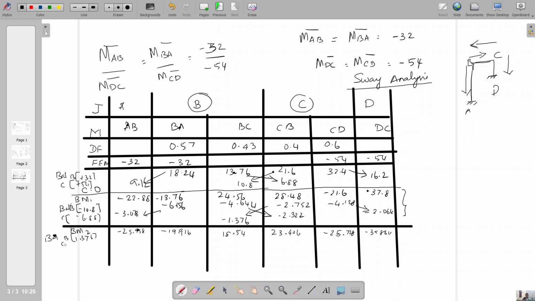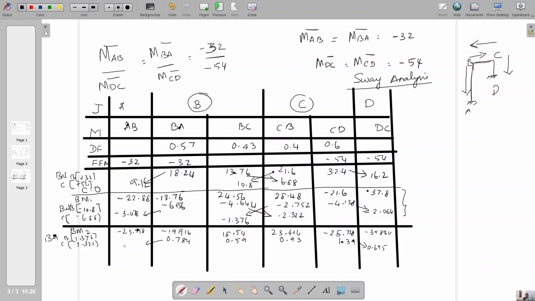1.376, and C it is 2.322, and you multiply with this corresponding distribution factor. Here 0.784, 0.59, 0.93, 1.39, and carry over to the nearest joint 0.695.